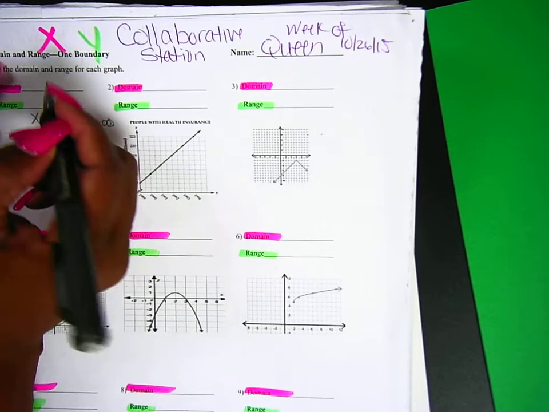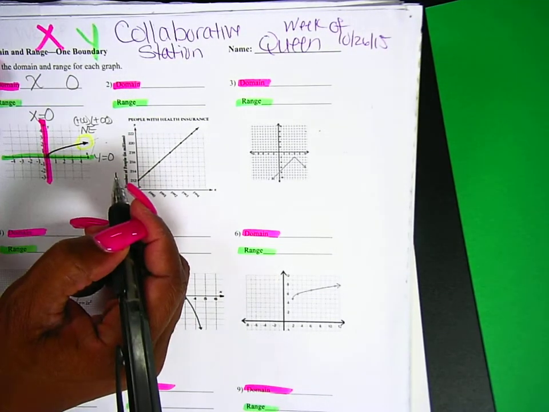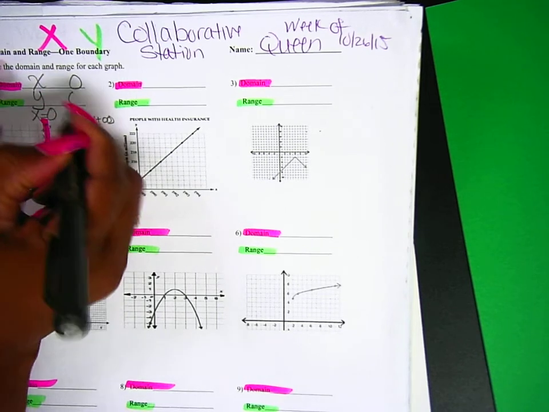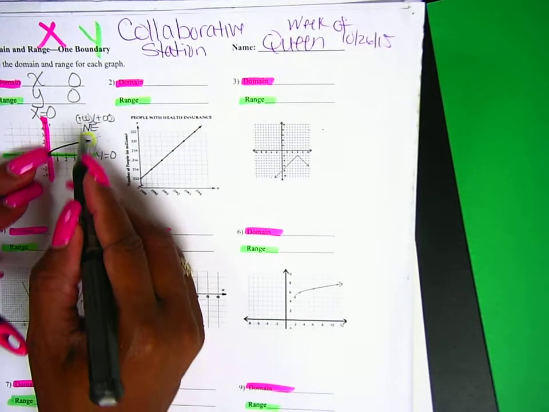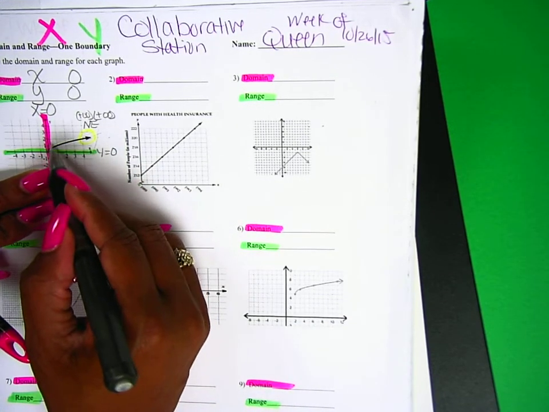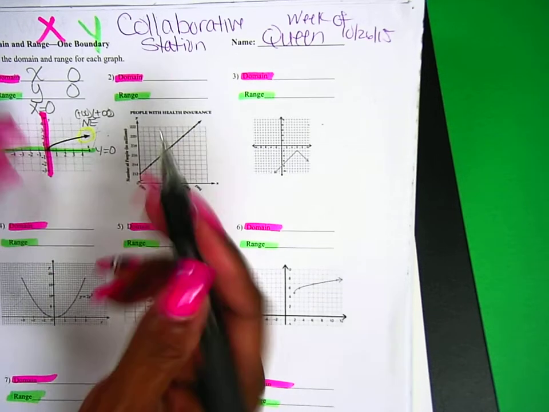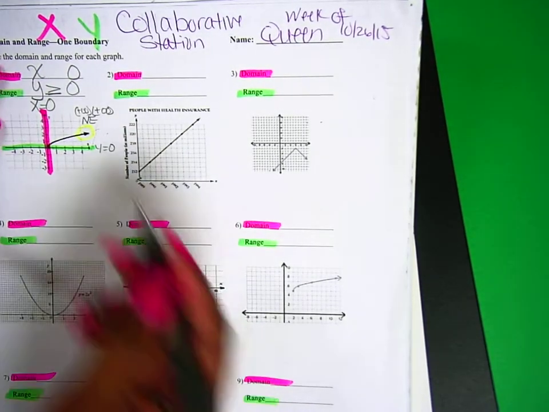So I'm going to say x, I put my 0 there, and then I put y, and I put 0. It's increasing because it's going up from the y. When you go up on the y, it's getting greater, so y is greater than or equal to 0.